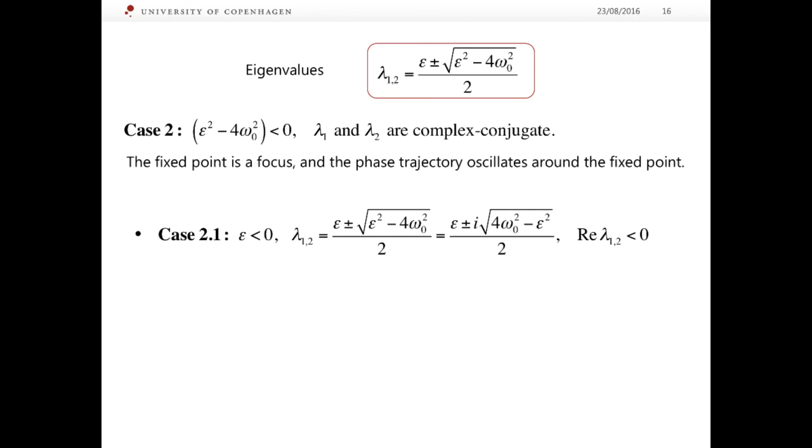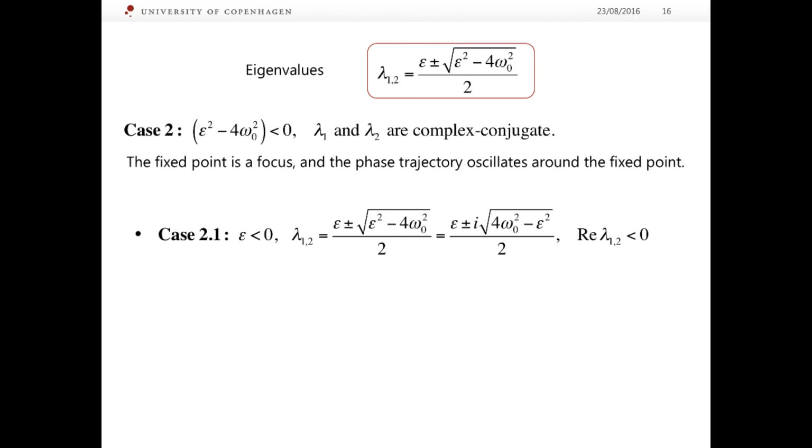Consider subcase 2.1, in which we assume that epsilon is a negative number. Look at the expression for eigenvalues. The expression under the square root, epsilon squared minus 4 omega naught squared, is a negative number, which means that the same expression multiplied by minus 1 will be a positive number.